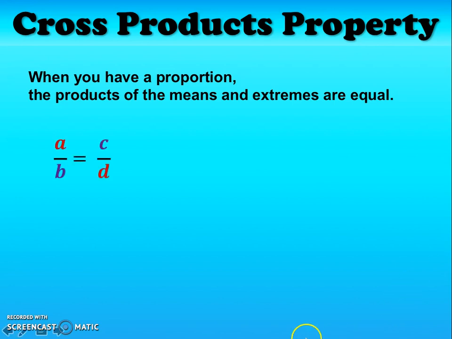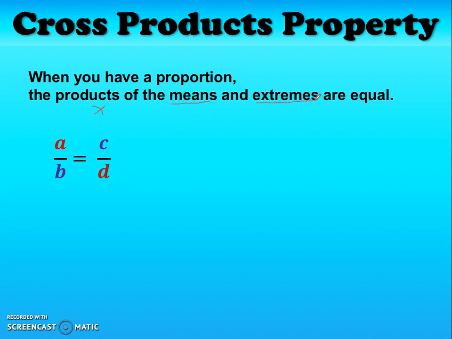All right, if I have this proportion, A is to B as C is to D, then I have to look at my definition here. The products. What's a product? Multiplication, right? That means I'm going to be doing some multiplication. And then I've got means and extremes.